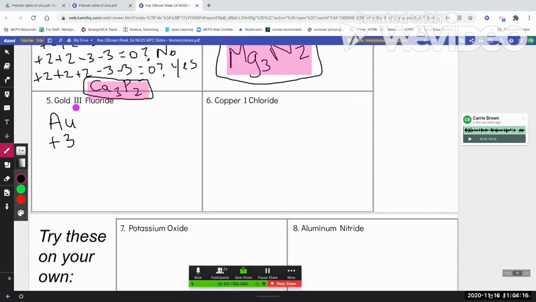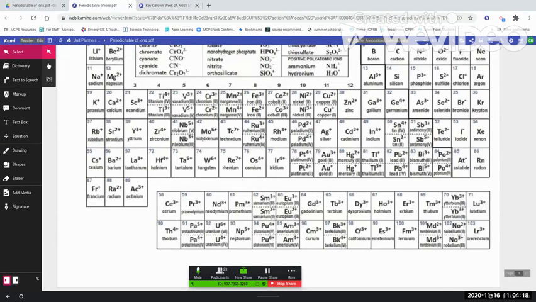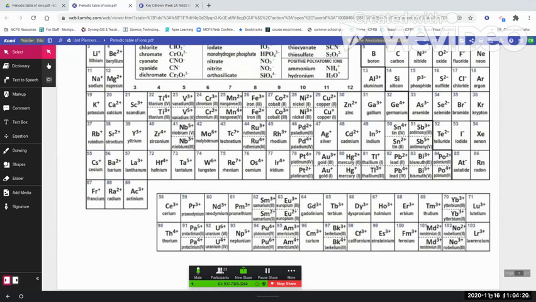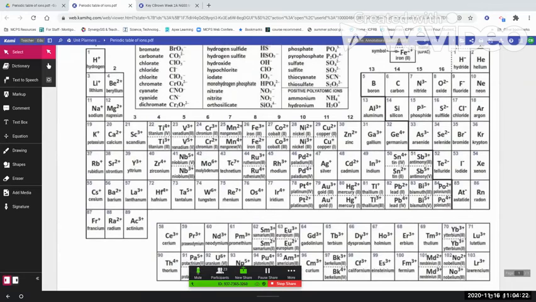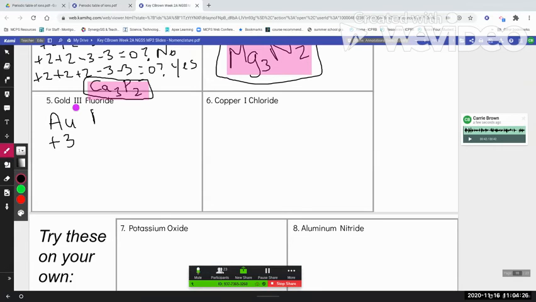Fluoride is on the right-hand side because it's a second name. That means it's an anion. And it's atomic number 9, so it has a -1 charge. So it's F, -1. So now if I check whether this equals 0, it doesn't, okay?